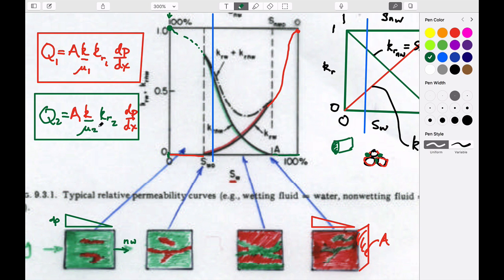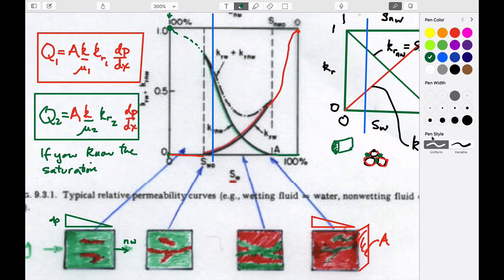And so long as you know what the saturation is, which you hope you might know.